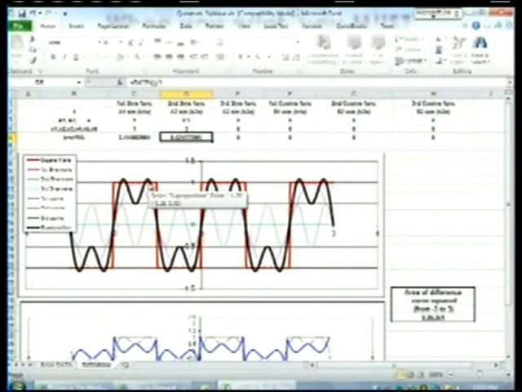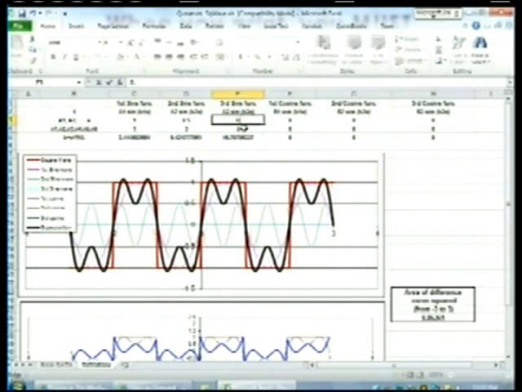I could play around and just keep adding more and more waves, and I can get this to look closer and closer to the value without any math. What the Fourier series and transform does is provide a way to find these values of A and N systematically, rather than me playing. Let's make a guess. I can make a guess, and I can come pretty close. Hey, I'll try 5 here.